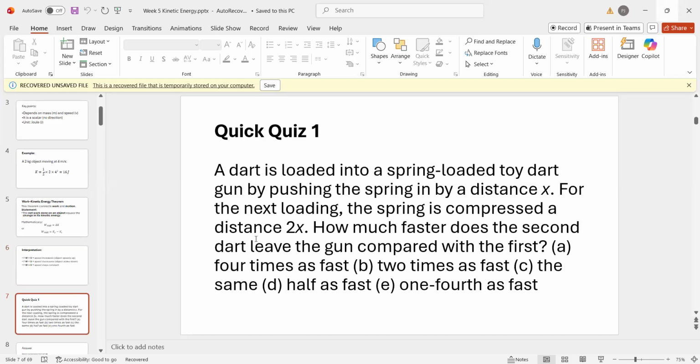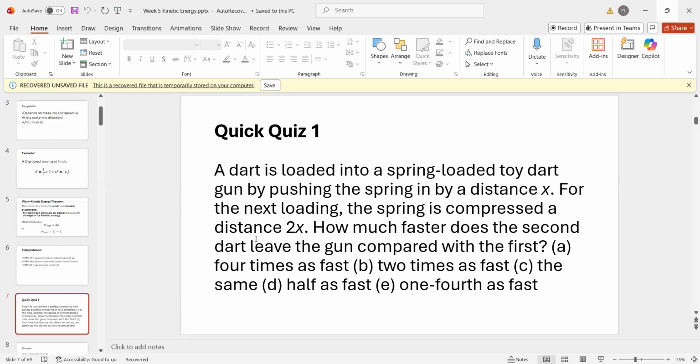So let's look at this. A dart is loaded into a spring-loaded toy gun by pushing the spring in by a distance x. For the next loading, the spring is compressed a distance 2x.